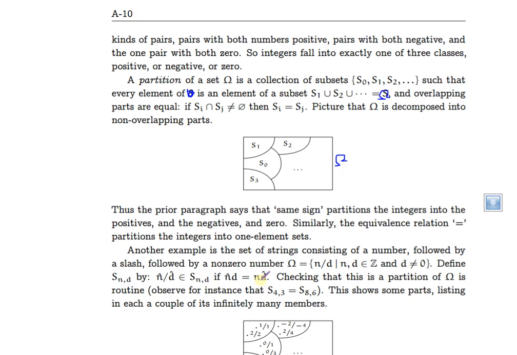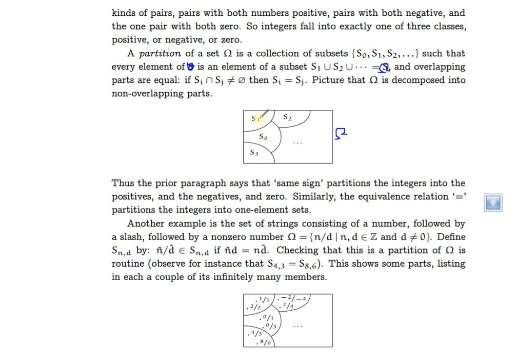Now, one thing about this partition is that if I take any two elements in S1, all right, let me backtrack and say this again. In the same sign partition, there were three sets, right? There was the positives, the negatives, and then there was a single element set 0.